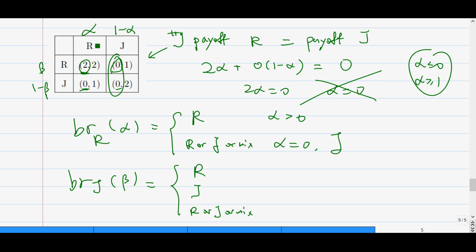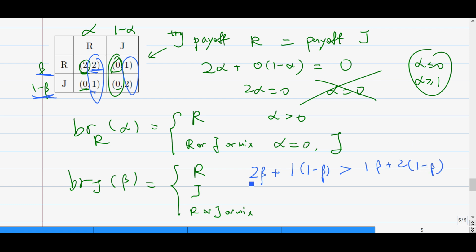It's when the payoff from R is better than the payoff from J. So if I go to Robots library, I get 2 with probability beta, and 1 with probability 1 minus beta, because the other guy is playing R with probability beta. So 2 with probability beta and 1 with probability 1 minus beta is larger than 1 with probability beta and 2 with probability 1 minus beta.